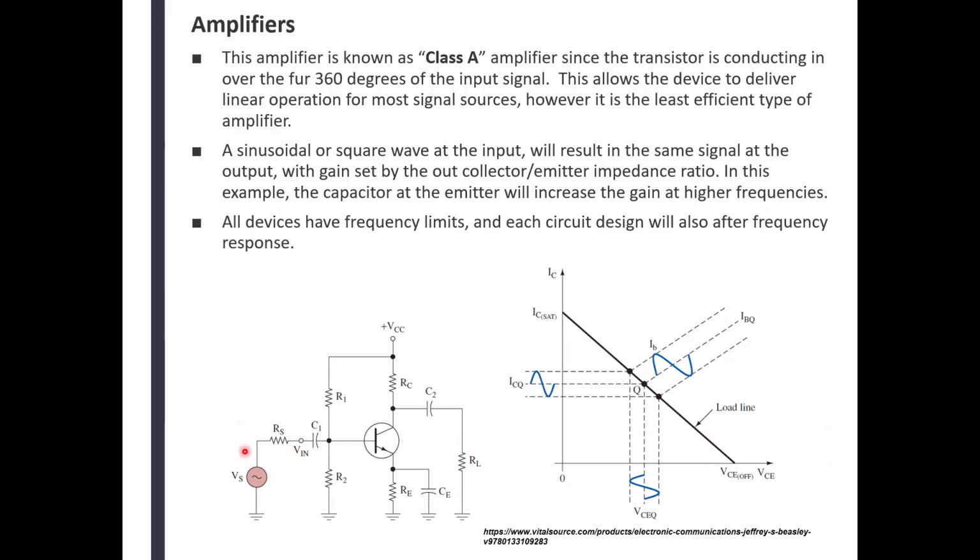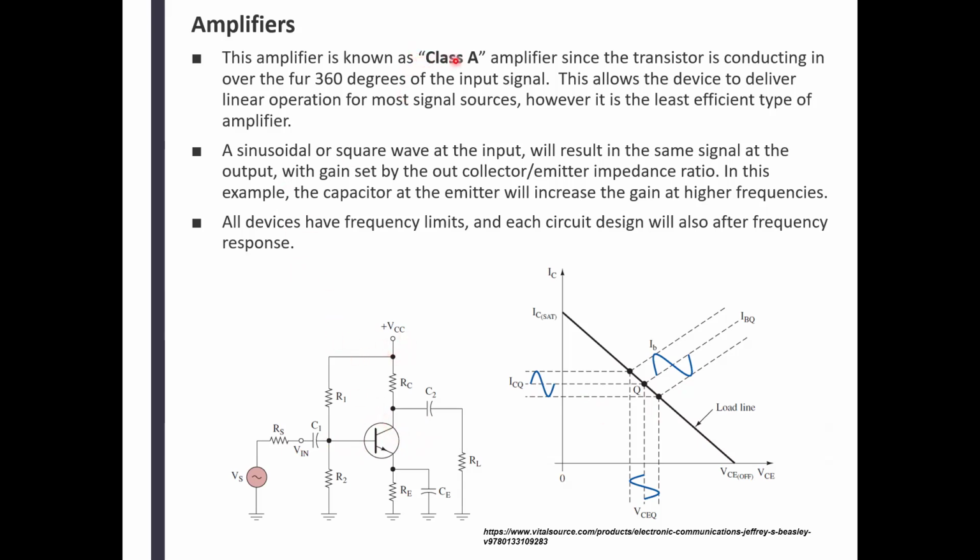So here we're trying to have a linear region of this. So that's why we're setting up the quiescent point. We're biasing the base so we can operate within the linear region of this transistor. We're trying to not get out of there.